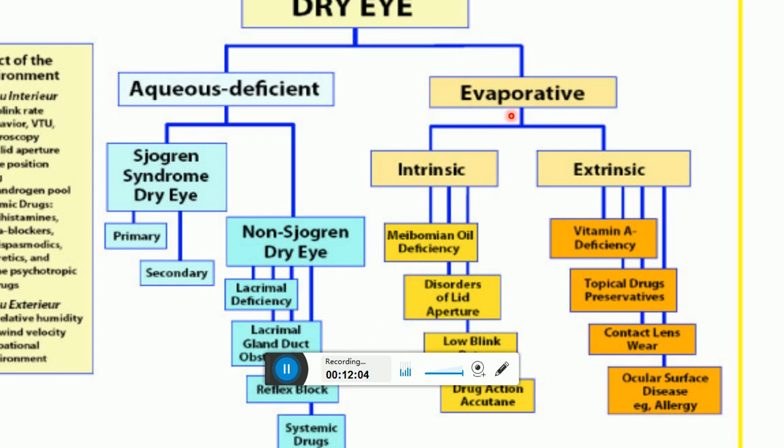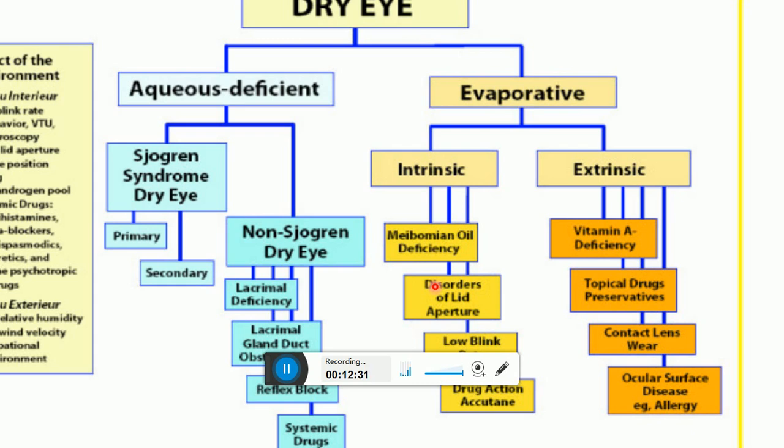The next type is evaporative. Evaporative may be intrinsic or extrinsic. The intrinsic may be due to meibomian gland deficiency, for example, posterior blepharitis, rosacea. It may be due to disorders of the lid aperture, for example, due to excessive scleral show, lid retraction, proptosis, facial nerve palsy.